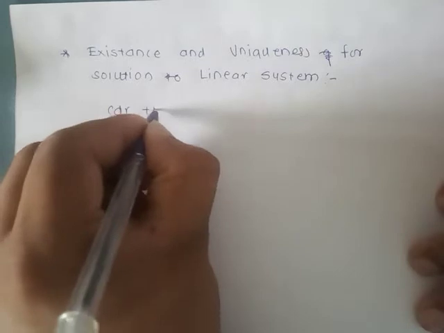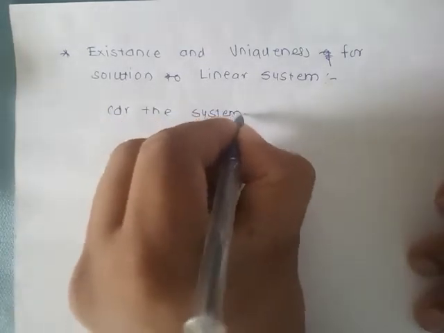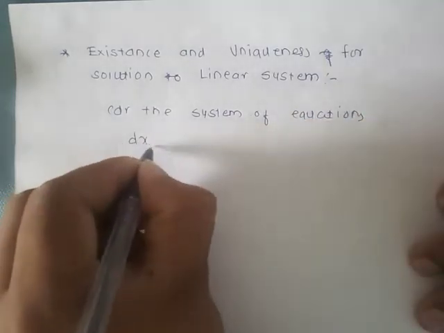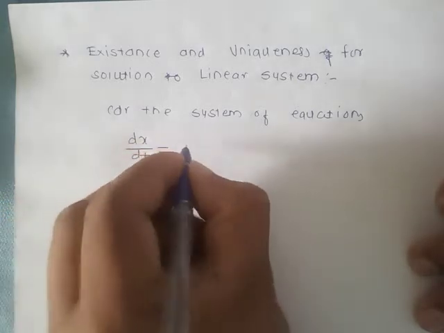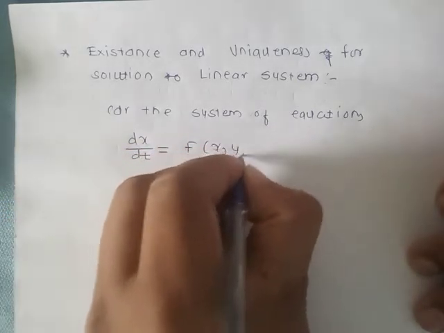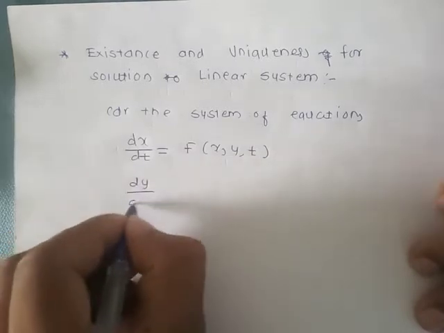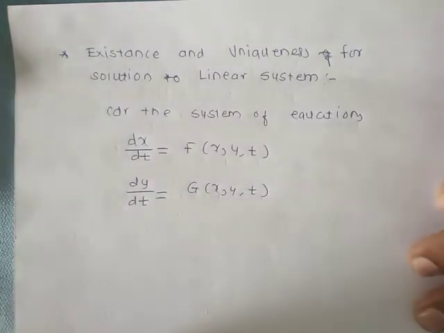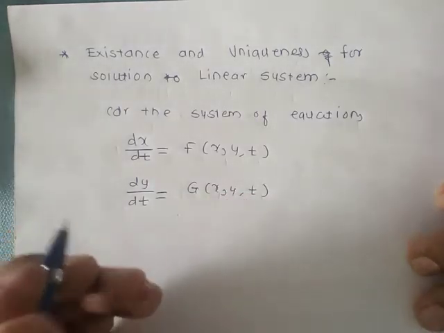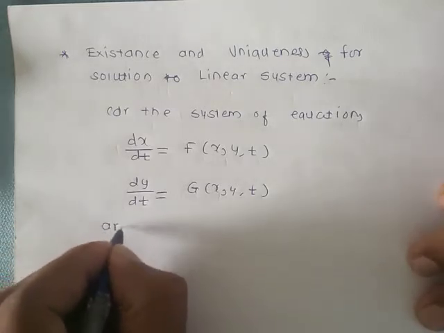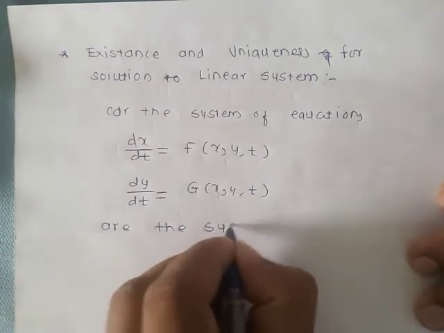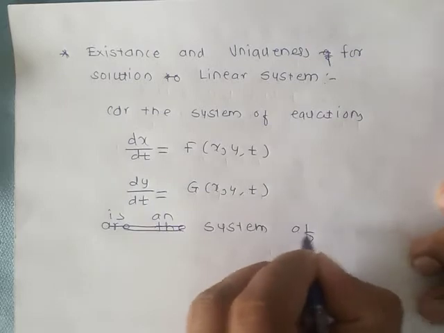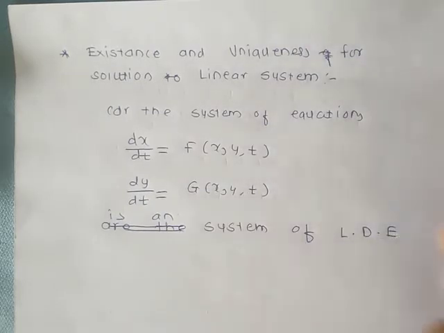Consider the system of equations. dx by dt is equal to f of x comma y comma t and dy by dt is equal to g of x comma y comma t are the linear differential equations, the system is a system of linear differential equations.